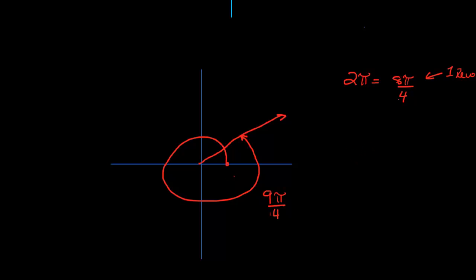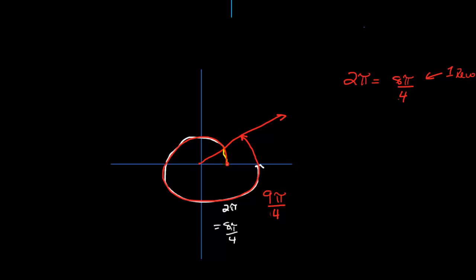If I want to subtract off this portion, let me do it in white so you can see it a little easier. This right here in white is 2 pi, also the same as 8 pi over 4.